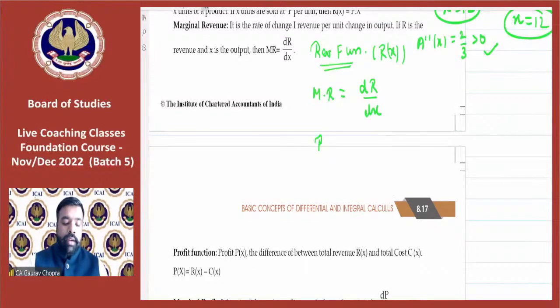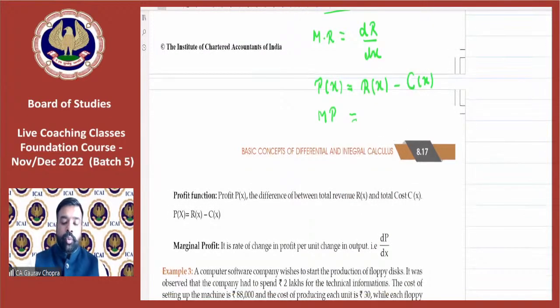And if we have to calculate the profit, then profit is equal to revenue minus cost. And if we have to calculate the marginal profit, that means we have to differentiate.